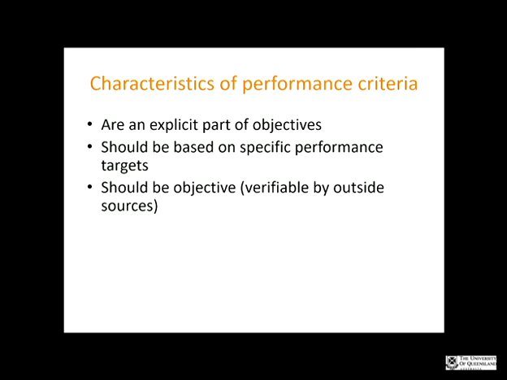The objectives should be verifiable by outside sources for a whole range of reasons. You're accountable for the particular resources that you're investing into these activities, whether you're public, corporate, or private or community. So it needs to be transparent.